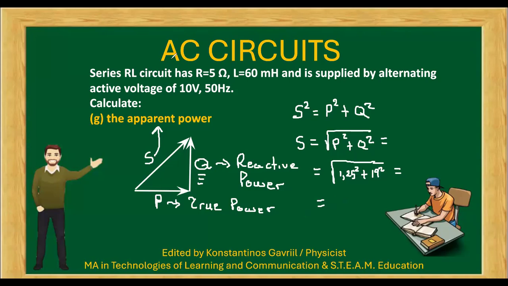So we get a value near to 19 for this square root, which means that we have a very bad performance, as we have already found that the power factor was very, very low, 0.25, which is very low.